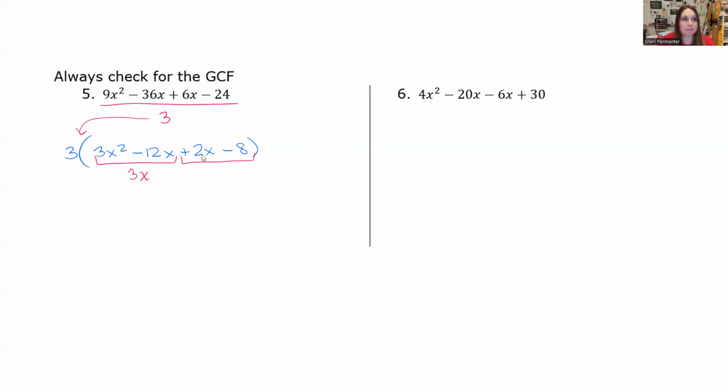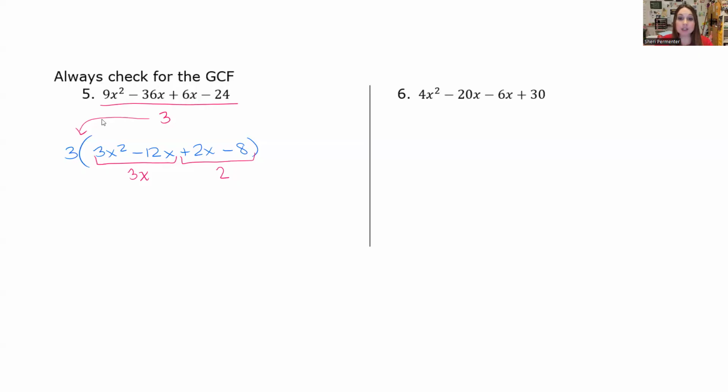Over here, the biggest number that can divide into 2 and 8, 2. Also, I forgot to check for signs. So looking at the problem, I have positive, negative for the first group and positive, negative for the second group. So they have to match, or else you won't end up with 2 sets of parentheses that are the same.